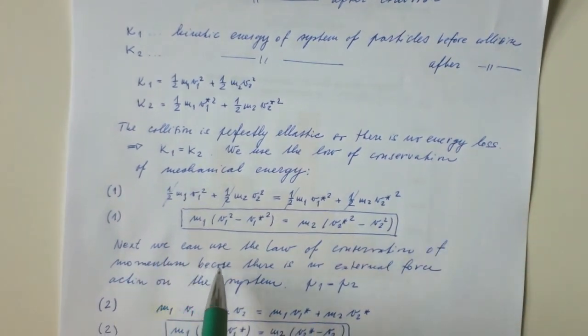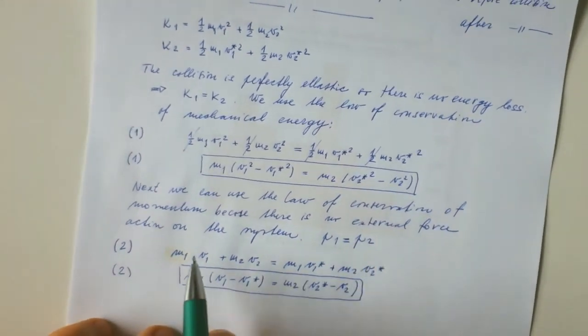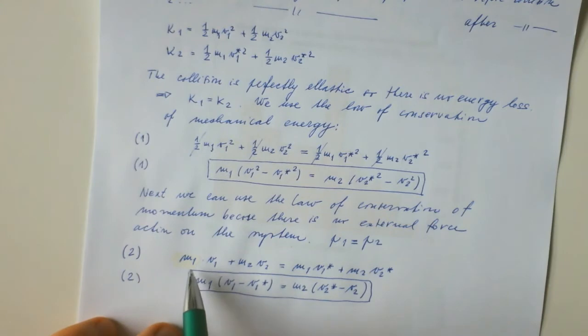Next, we can use the law of conservation of momentum. Because there is no external force, the momentum before and after collision are equal. It's a very easy equation. This is the sum of momentums of particles before collision.